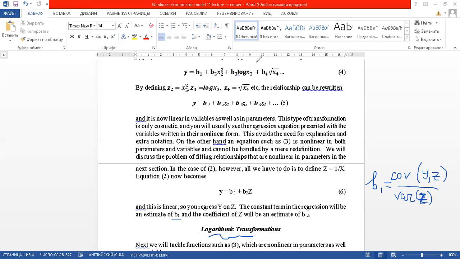Can we use this method when we estimate a function such as y is equal to a times x to the power of b? In this case, we can take the logarithm of both sides. So, for example, the decimal logarithm.